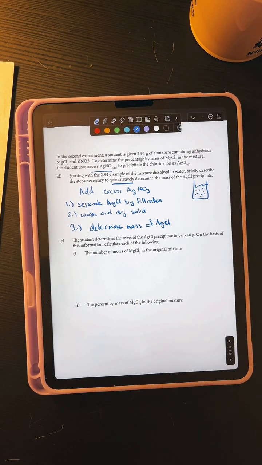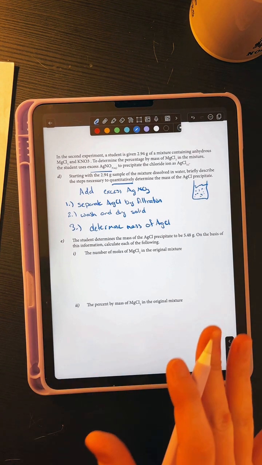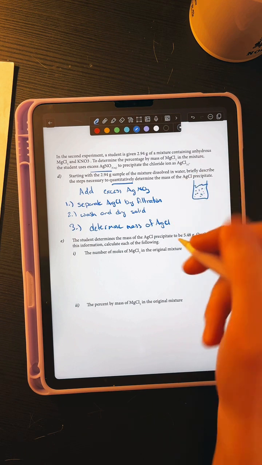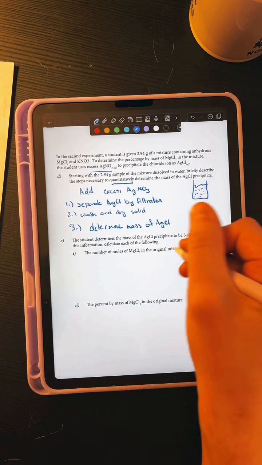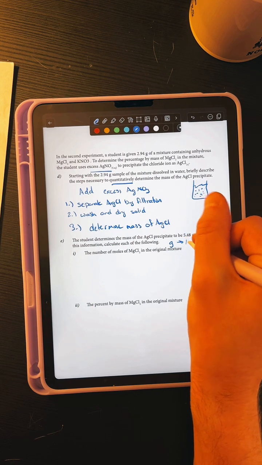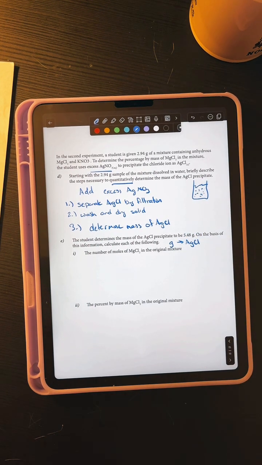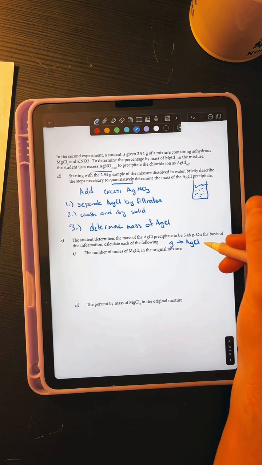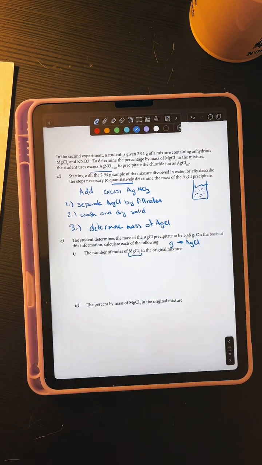So what we need to do is figure out a couple things. This is going to look a little strange. We are given a mass, or grams, of silver chloride, but we want to figure out MgCl2.